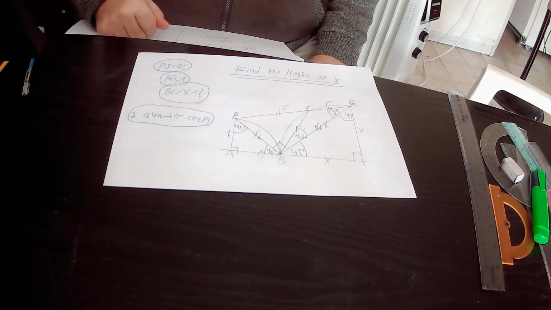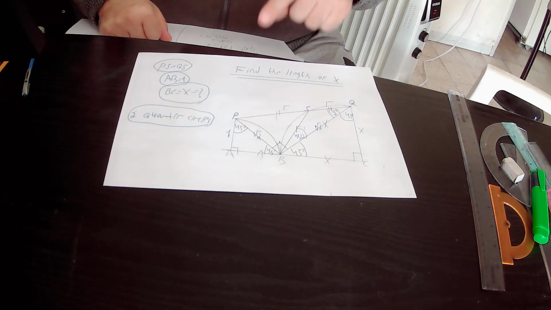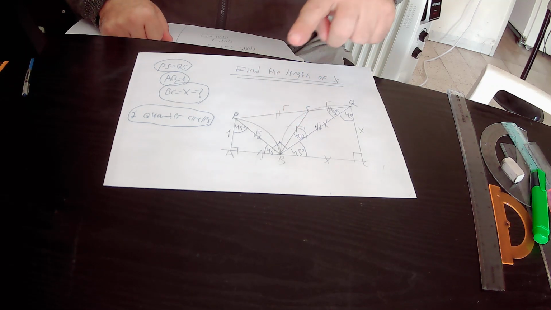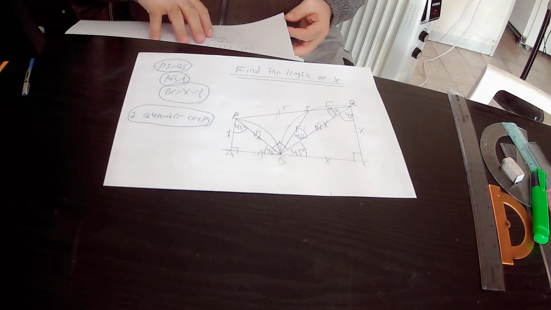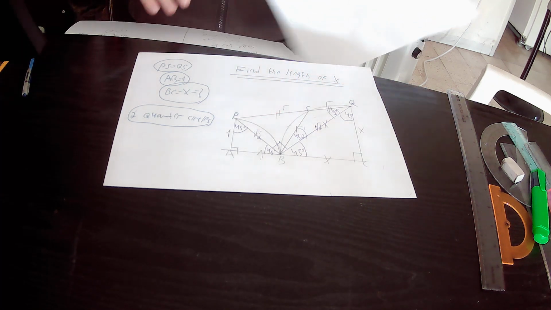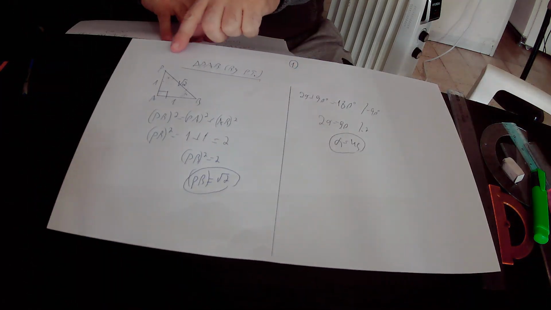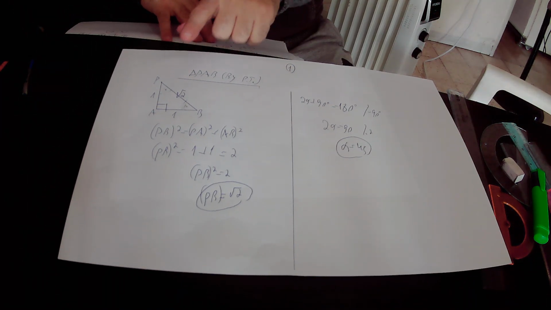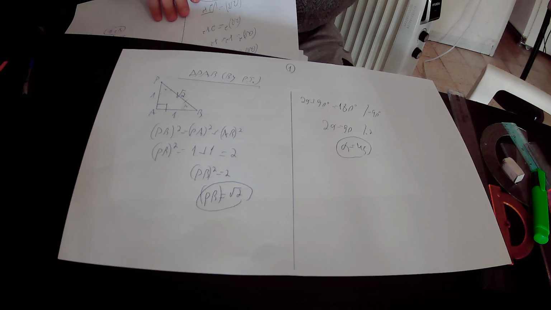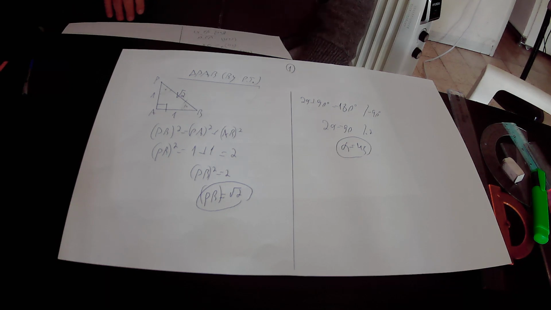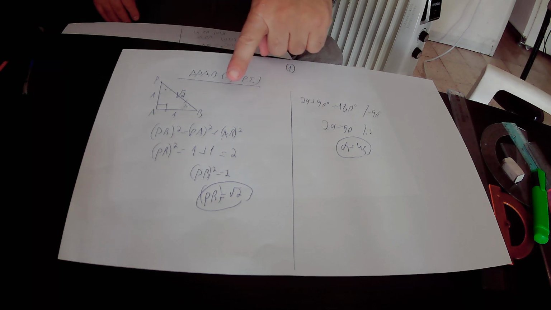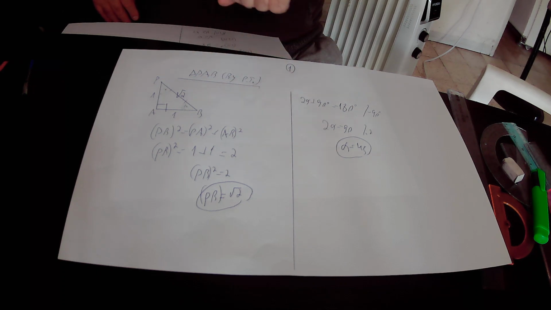Okay, then I copied the right triangle PAB onto a new page and applied the Pythagoras theorem in this right triangle. According to the Pythagoras theorem, PB square equals PA square plus AB square.